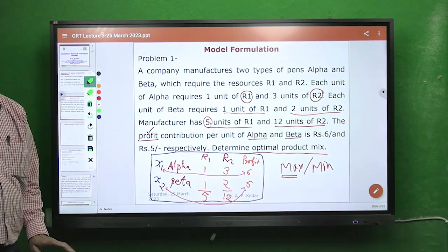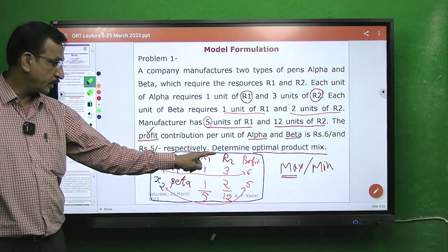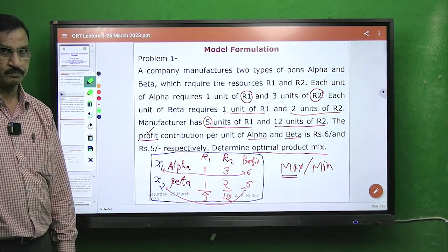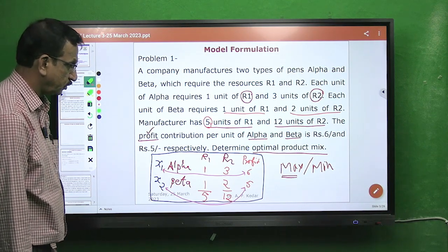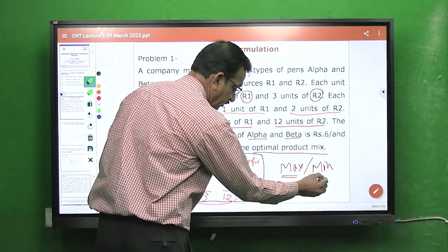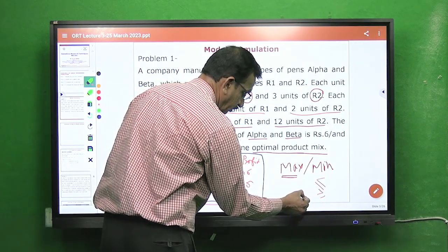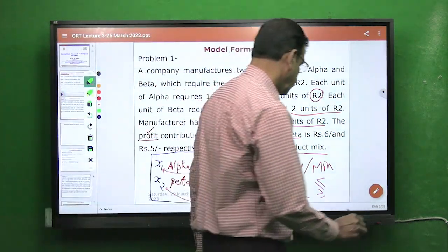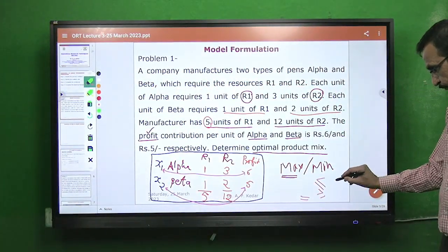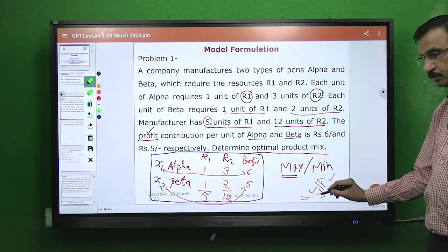Now this is subjected to two constraints. Constraints are on resource R1 and resource R2. We have seen how to use the signs: less than or equal to, greater than or equal to, and last one is equal to sign.